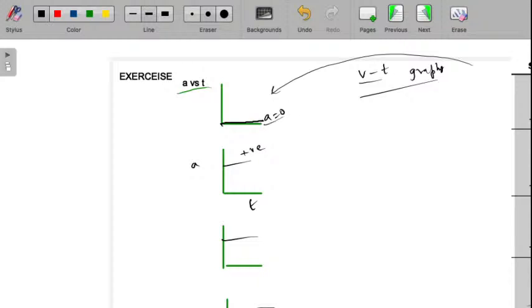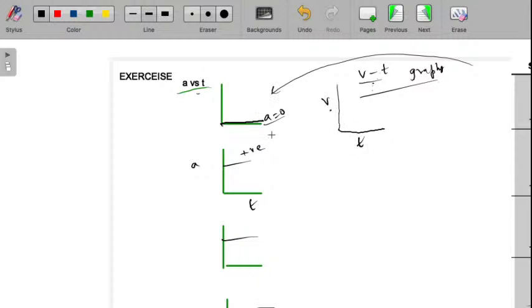So for example, if A is 0, the slope is 0, because you see the slope, the V versus T graph can be obtained from the A versus T graph by just simply computing the slope, because you can understand the slope of V versus T is A versus T.